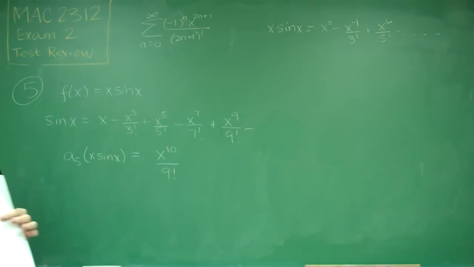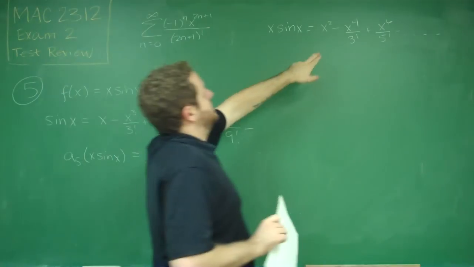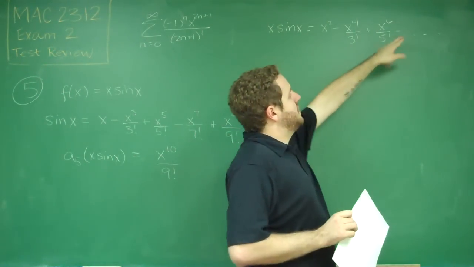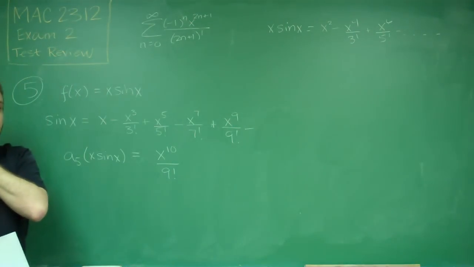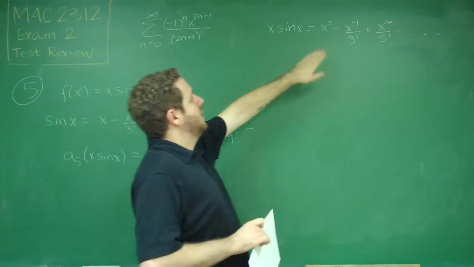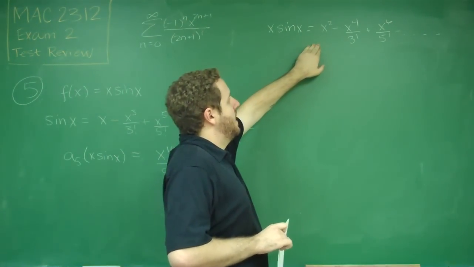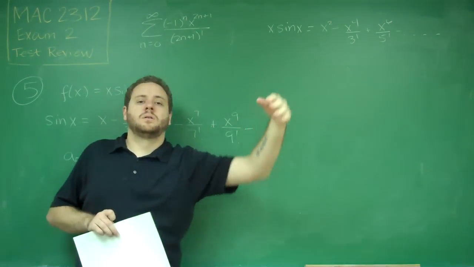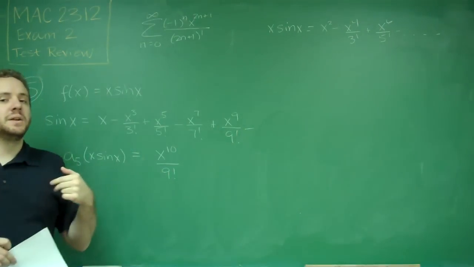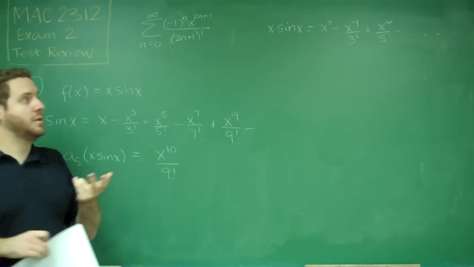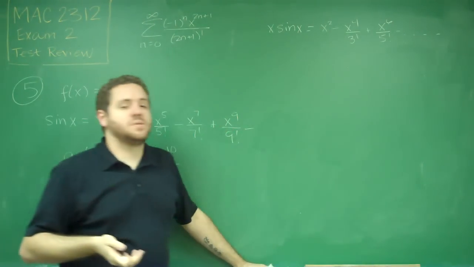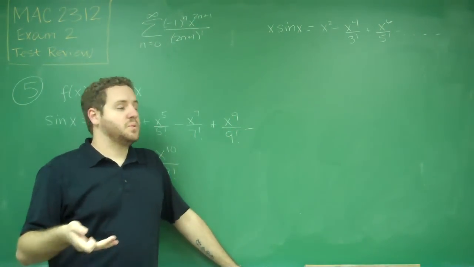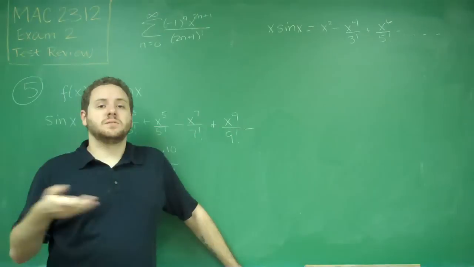But here's something you should recognize: you have all even powers of x as you continue along that power series. If you take 100 derivatives, anything that has a power of x less than 100 is going to turn into 0. For example, x squared. When you take the first derivative of x squared, you get 2x. When you take the second derivative, you get 2.